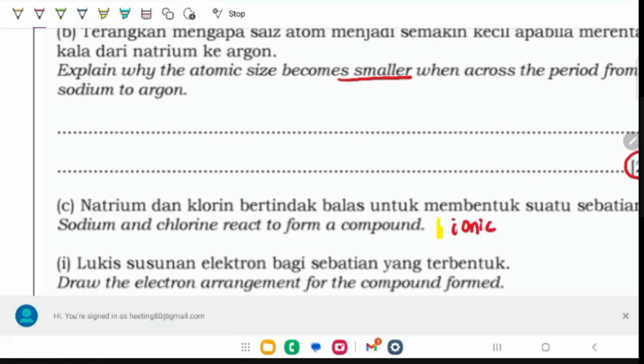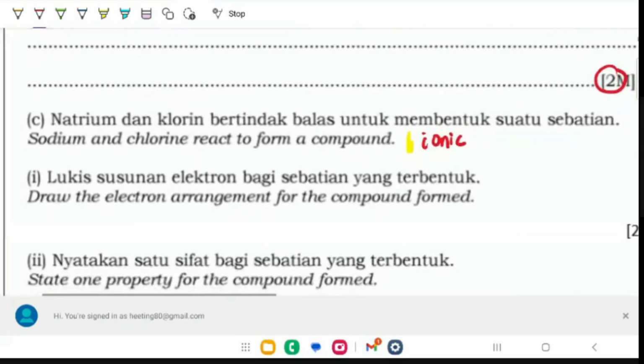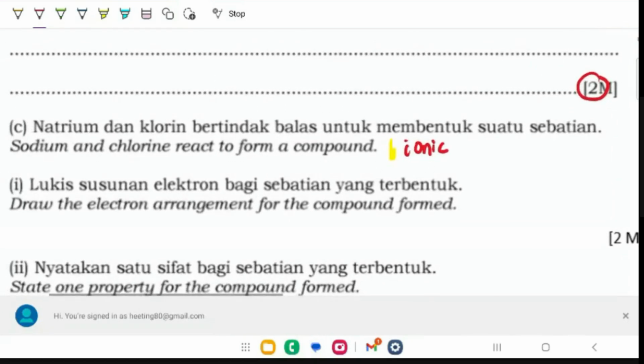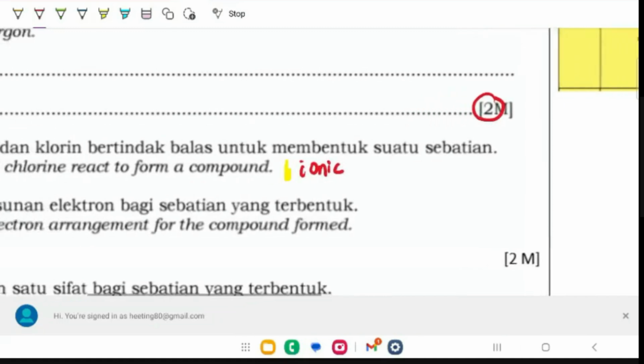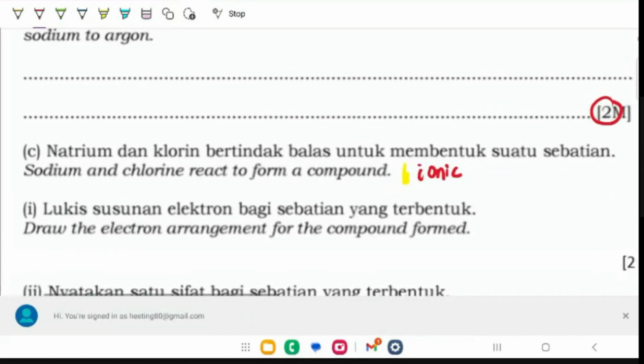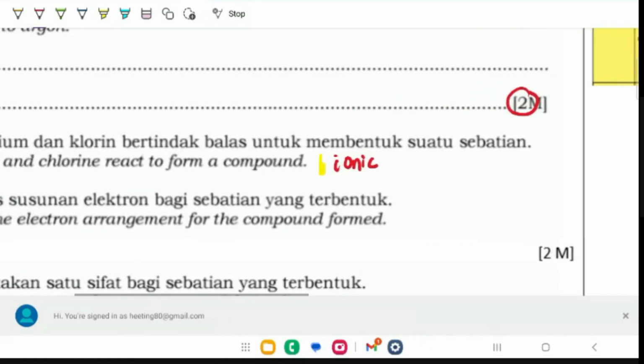Sodium atom donates 1 electron to 1 chlorine atom. Correct. So draw the electron arrangement. The space may not be enough, but I think you can find somewhere to draw it.